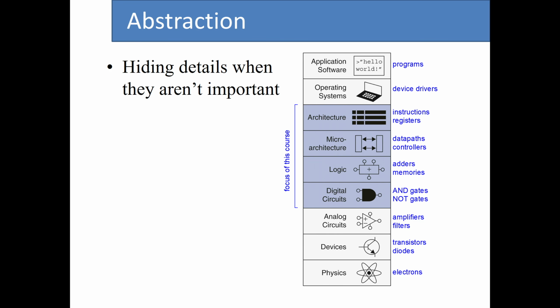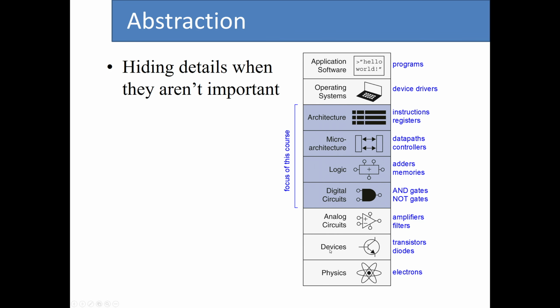If we want to talk about all the branches of science that are involved in making a computer, we can start at the very bottom in physics, talk about how electrons interact with each other or with the atoms of a material. If we come up a level, we get to transistors, diodes, more specifically electronic devices.